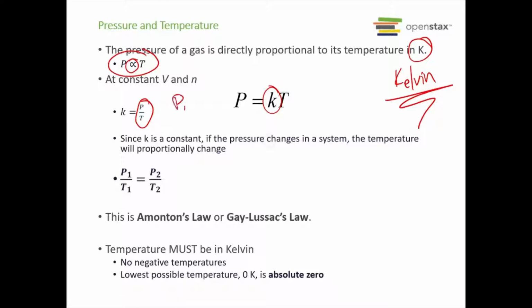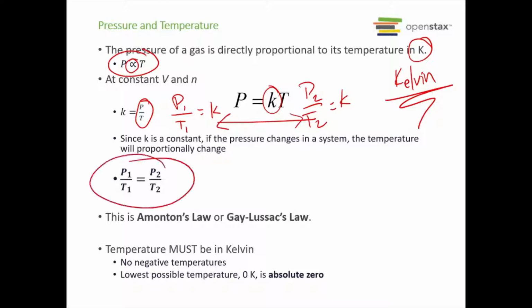So if I had some P1 over T1 equal to K, and I also have a P2 over T2 equal to K, I can set those equal to each other. So we get Amontons's law or Gay-Lussac's law. I was taught it as Gay-Lussac's law, doesn't really matter. But this is that your initial pressure divided by your initial temperature is equal to your second pressure divided by your second temperature.